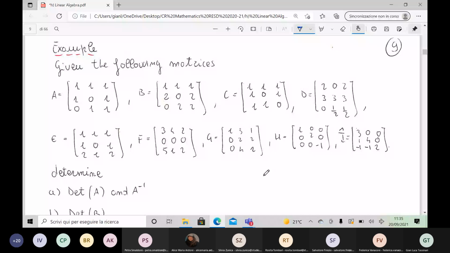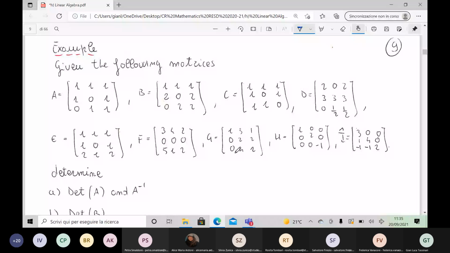I think that here the purpose of this exercise was simply to show you that it is convenient to develop the determinant along the first column because you have 2 zeros. So probably here you have no tricks, but I did it only to let you select the first column as the one to use to develop the determinant.